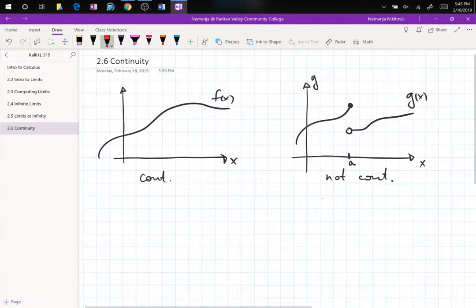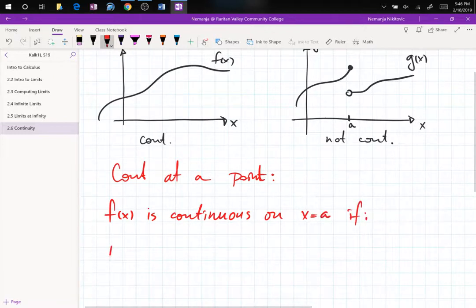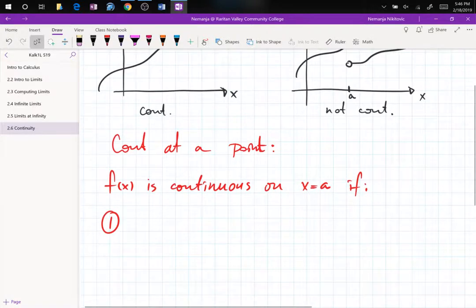So let's start with continuity at the point. f of x is continuous at x equals a if, and now we have these three rules.